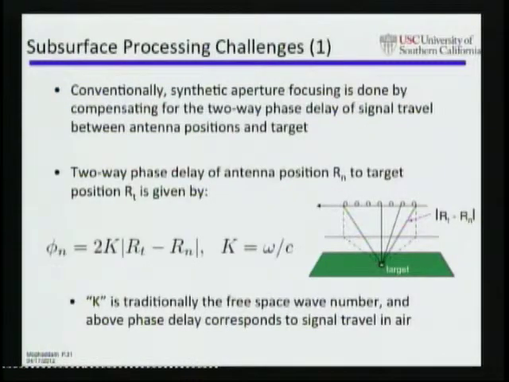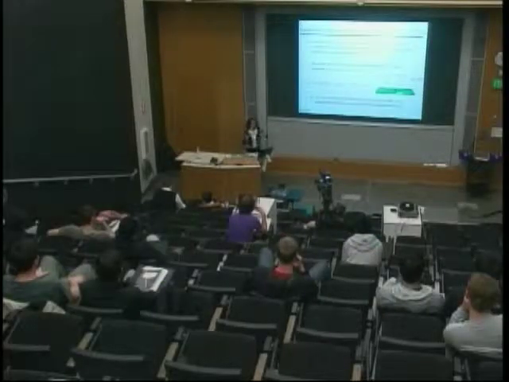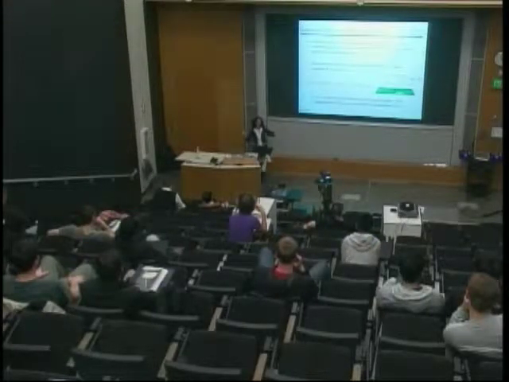Now, I don't know if you guys are familiar with the concepts of synthetic aperture radar processing. But let me just give you a quick, like a 30-second synopsis of that. The way synthetic aperture radar works is that it's a synthetic aperture, which means that it's not a real aperture. The real aperture meaning the antenna. As the radar moves, the synthetic aperture really contains a history of where the physical aperture has been.